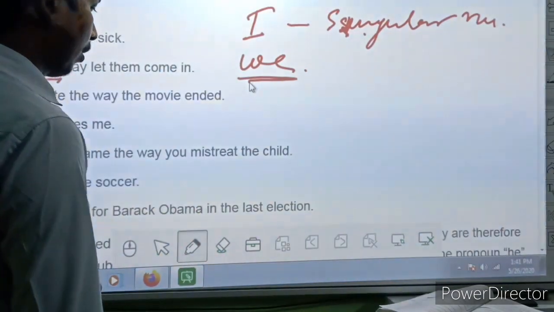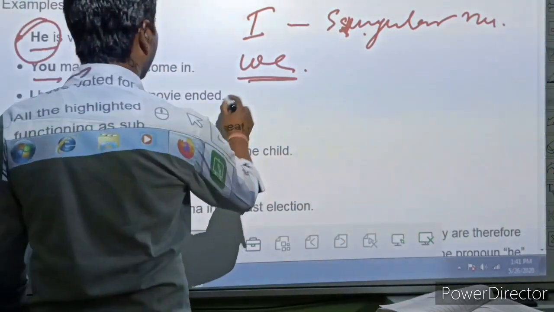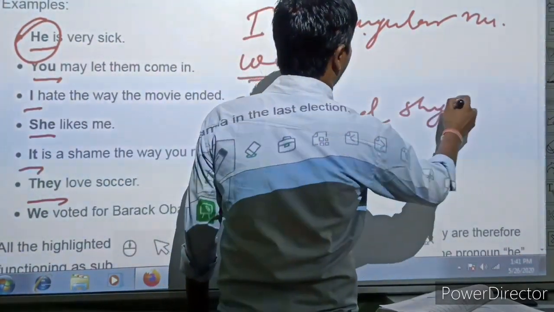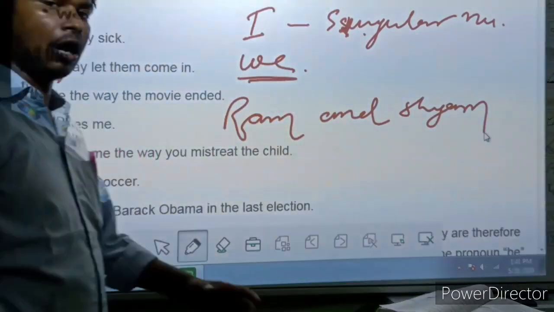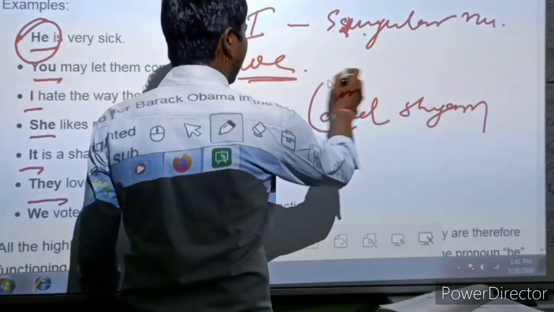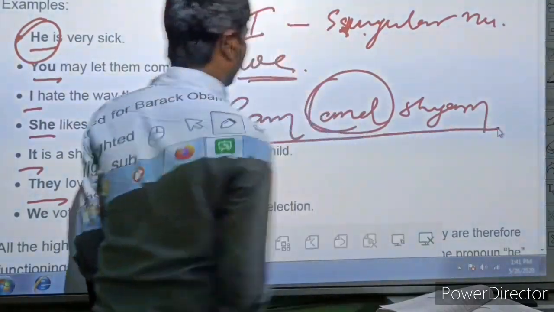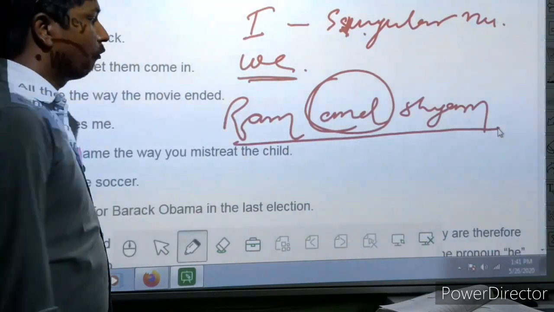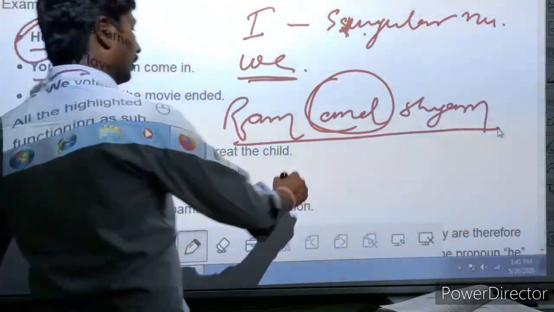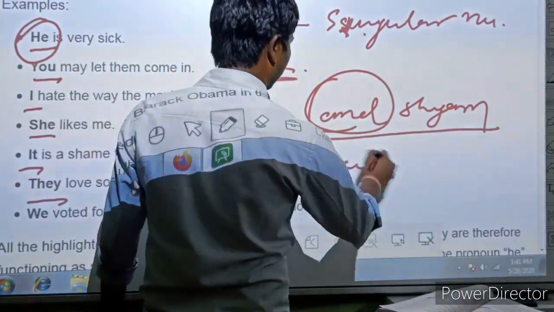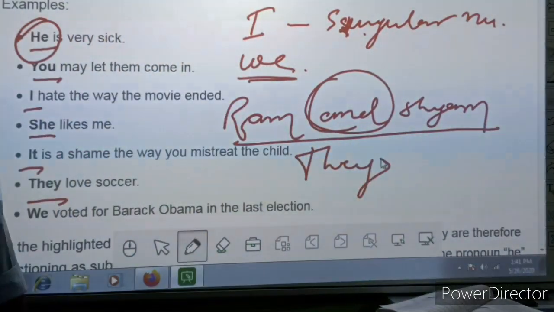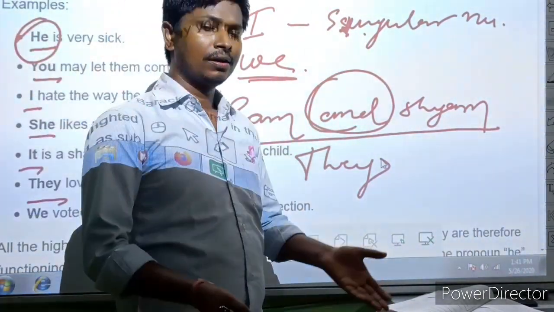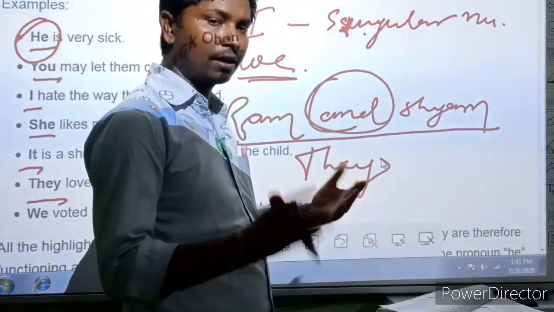When two or more singular nouns are joined by and, like Ram and Shyam, it becomes plural number, and then for this subject we can use the pronoun they. Ram and Shyam are brothers. They are going to school or they are going to market, or wherever they want to go.